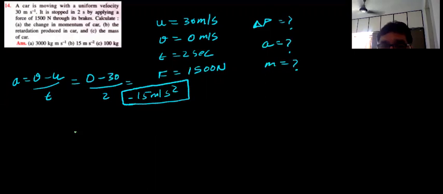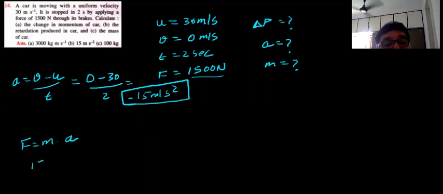second square. Now that we have our retardation, or we can say acceleration, which is minus 15, we can find the mass. We know the formula, force equals mass into acceleration. The force is already given to us, which is 1500 newtons to stop the car.